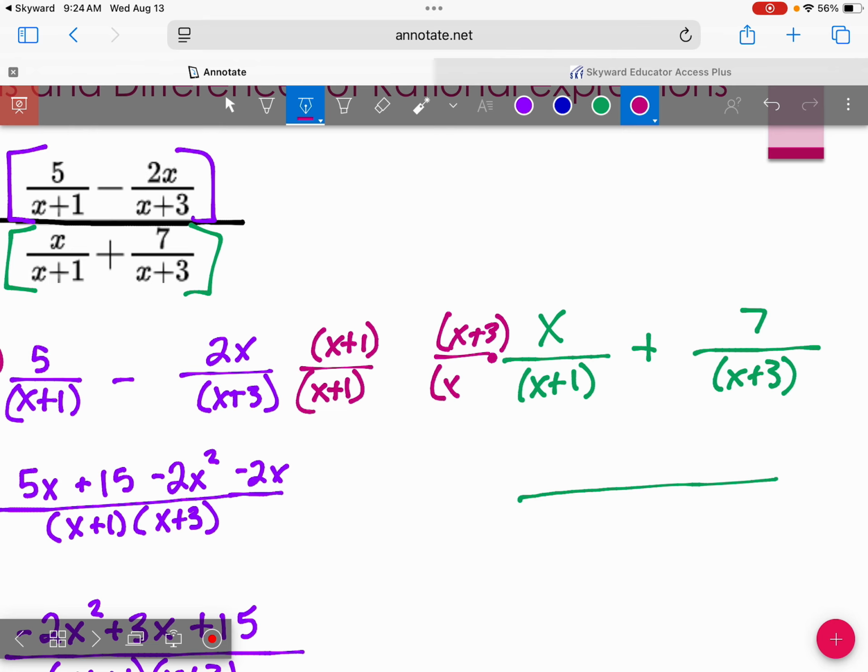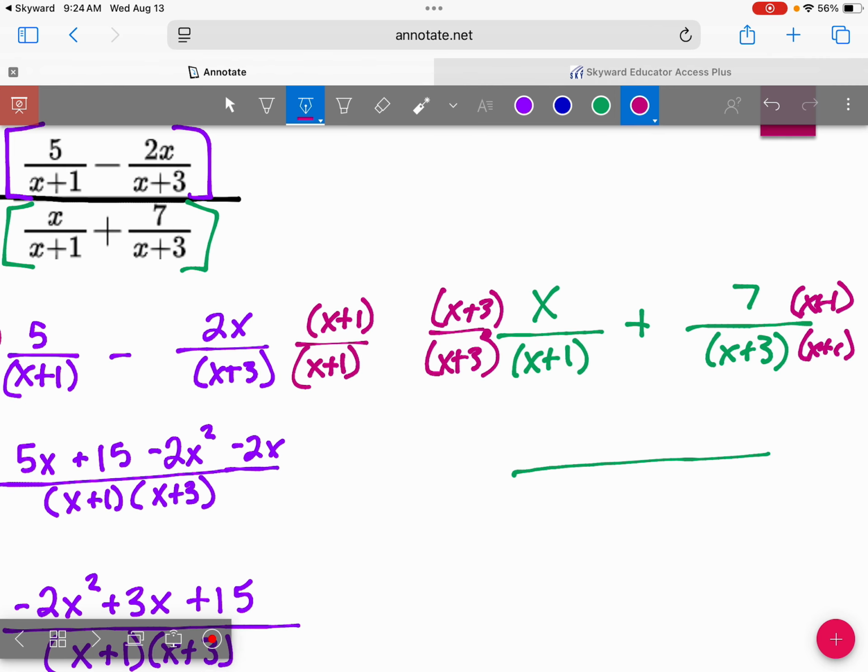We know these guys already. What? And what am I multiplying my right fraction by? The x plus 1. Oh my gosh, look at us rocking and rolling. So our denominator is going to be exactly the same, our x plus 1 and our x plus 3.